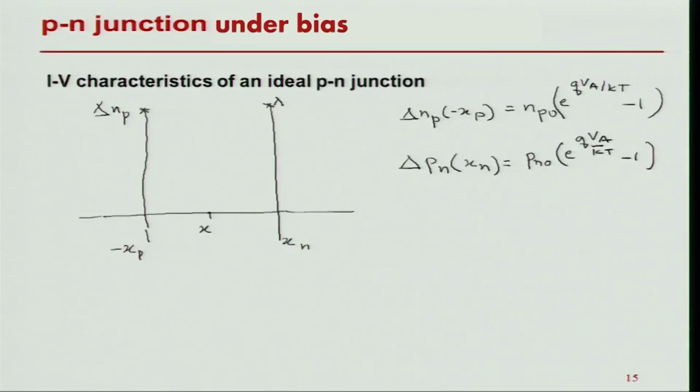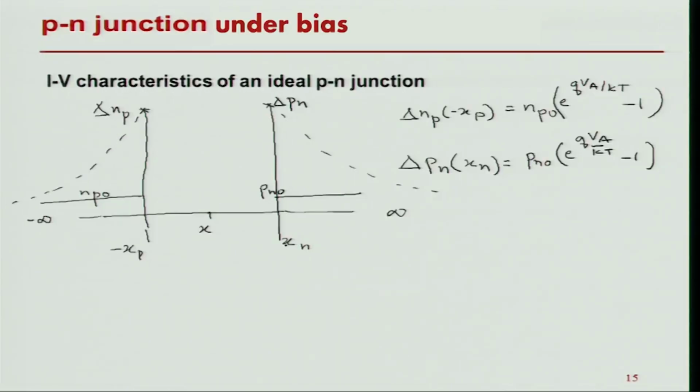So, I know what the excess concentration in forward bias is at the depletion edge, and what is happening at infinity. At infinity the excess concentration is going to zero, because the minority carrier concentration on the P side eventually has to become the same as equilibrium.